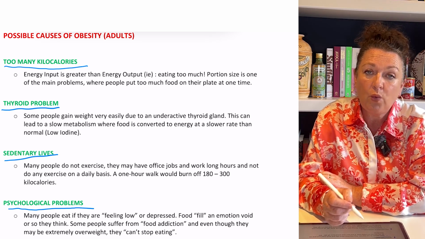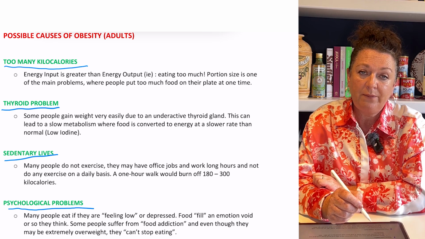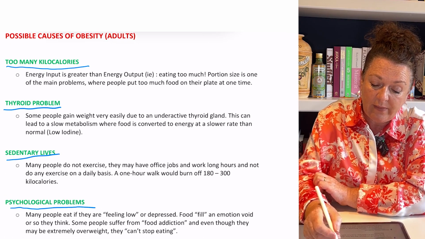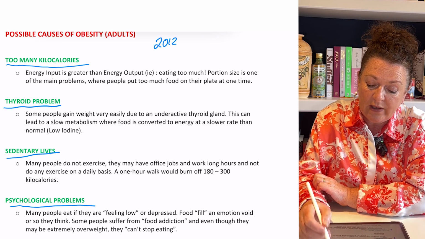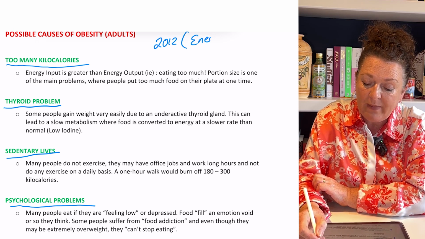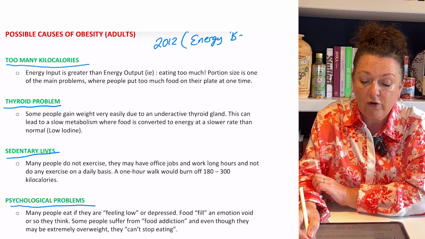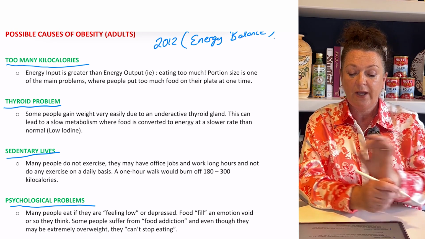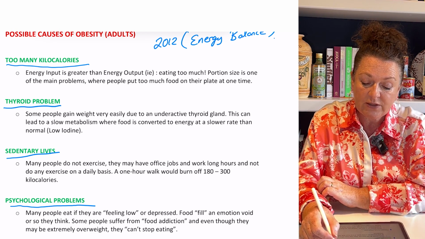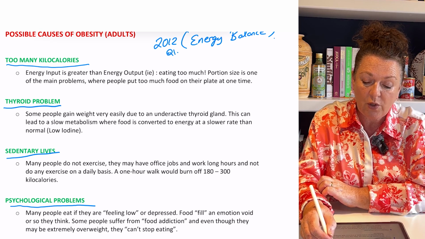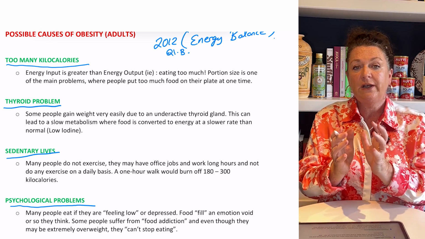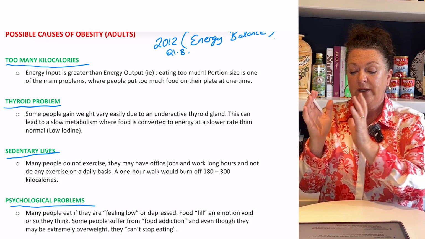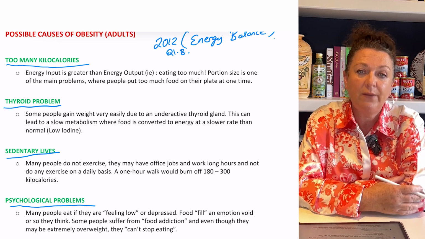Now you can link with energy input and energy output here. Remember I said, I'm going to put it actually here, 2012 energy balance. It was our very first chapter in the composition of food and energy. It's not been asked since 2012, question 1B, but I certainly think there is a very strong overlap between energy balance and obesity.